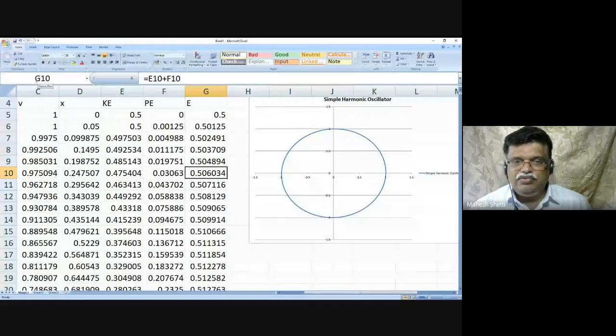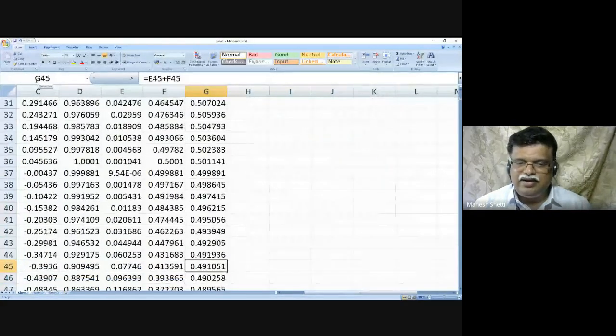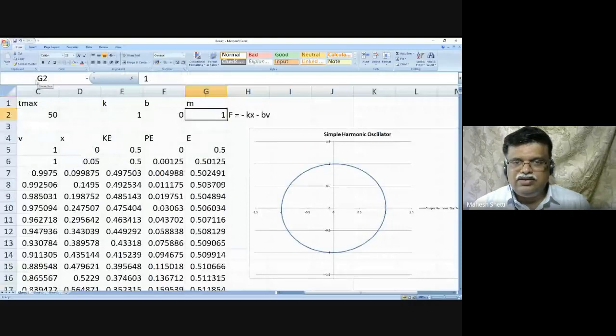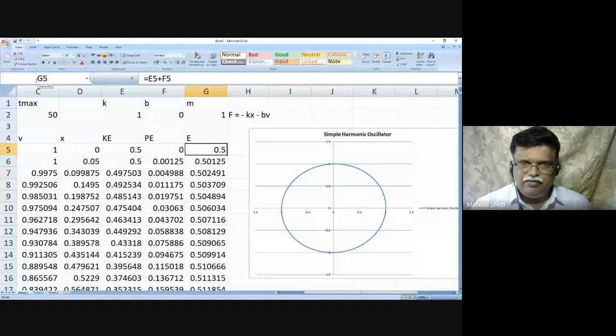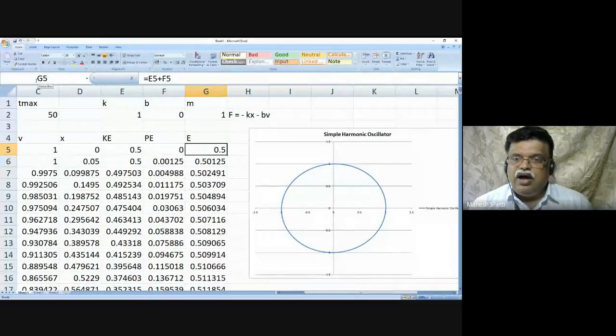It is slightly increasing, decreasing, and that basically indicates that this method does have a small error, and that's where the intermediate values and better resolution values need to be taken. Over a long time, it doesn't affect because it is an oscillatory solution.